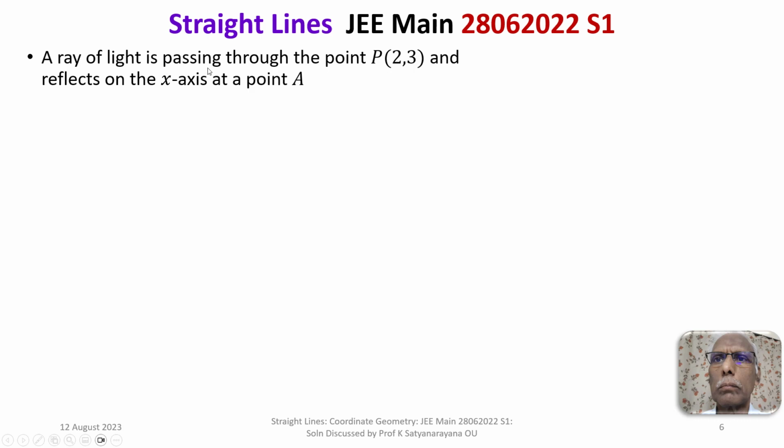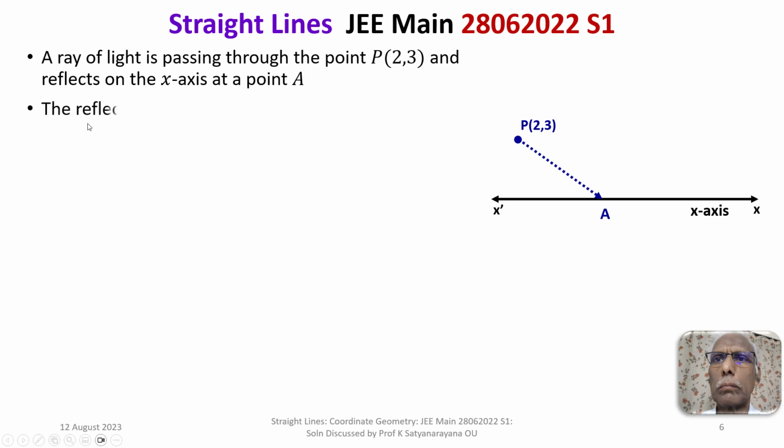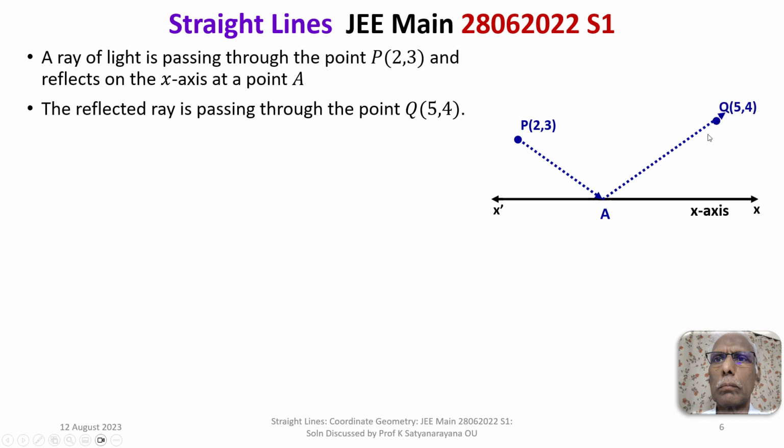A ray of light is passing through the point P with coordinates (2, 3) and reflects on the x-axis at the point A. First, we draw the x-axis, X' X. The ray of light passes through P (2, 3) and reflects on the x-axis at the point A. The reflected ray is passing through the point Q with coordinates (5, 4).